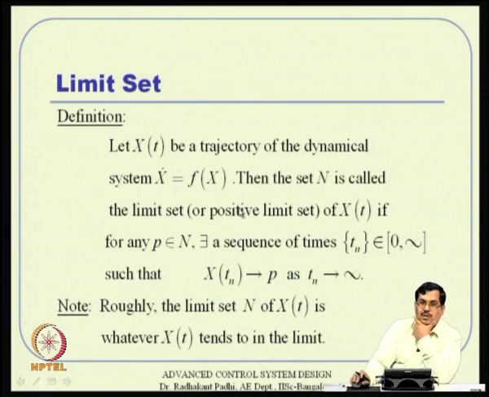Now, what is a limit set? Limit set is a definition for the dynamic system x dot equals f of x. Let x of t be a trajectory of the dynamical system x dot equals f of x.